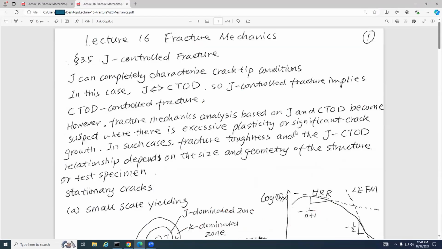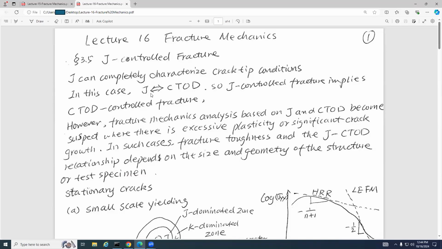Then we switch gears to lecture 16. We have used a lot of time talking about the J integral, and now we talk about J controlled fracture, right? So J can be used to completely characterize the crack tip condition.